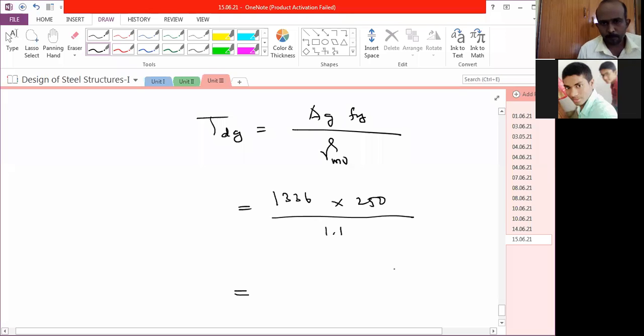What is yielding capacity? 304 kilonewton.